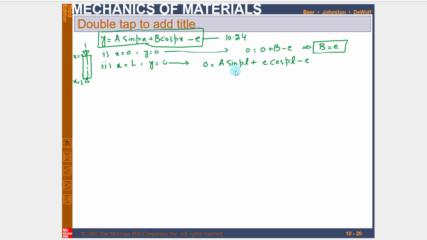So from here you can see that 0 is equal to a sin of pL minus e plus e cos of pL.